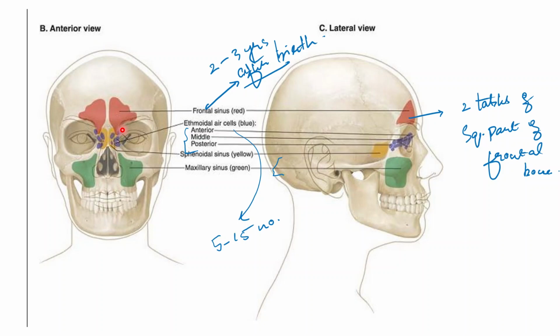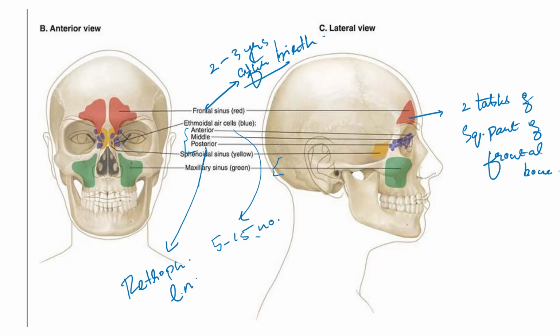The lymphatic drainage of the anterior and the middle cells is the same as that of the frontal, reaching the submandibular group of lymph nodes, whereas the posterior ethmoidal air cells drain into the retropharyngeal group of lymph nodes.